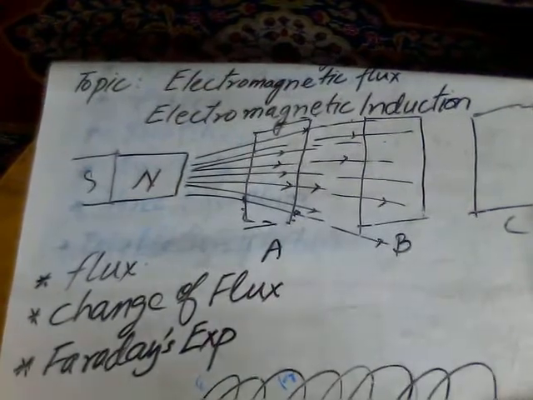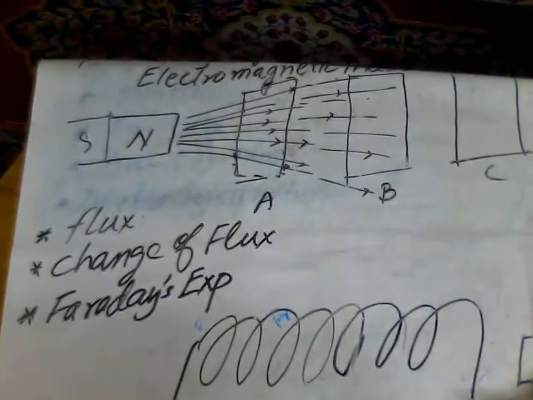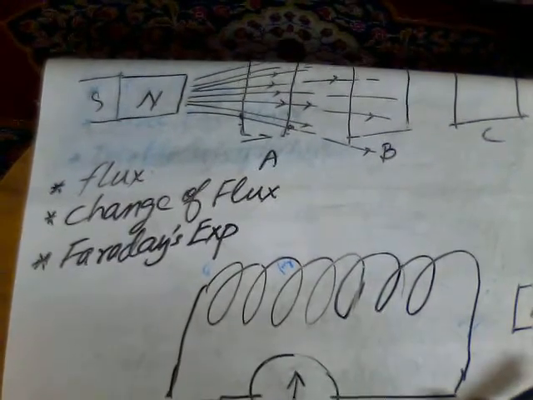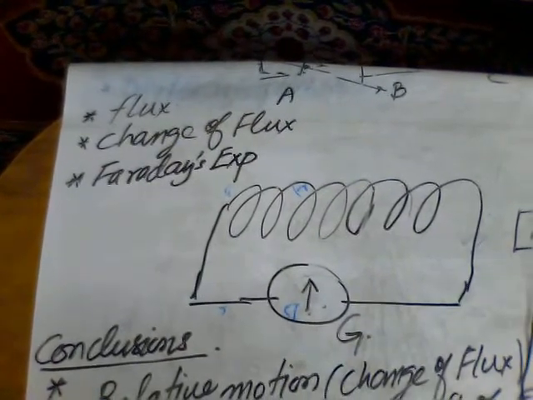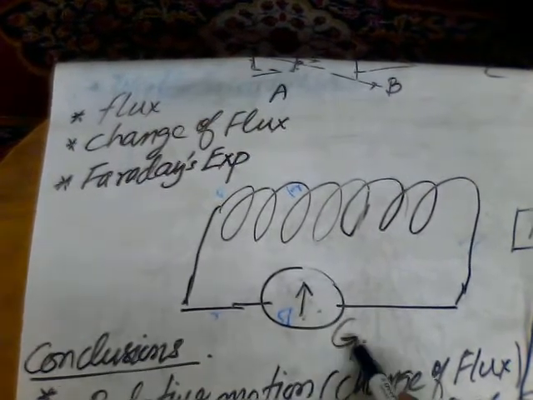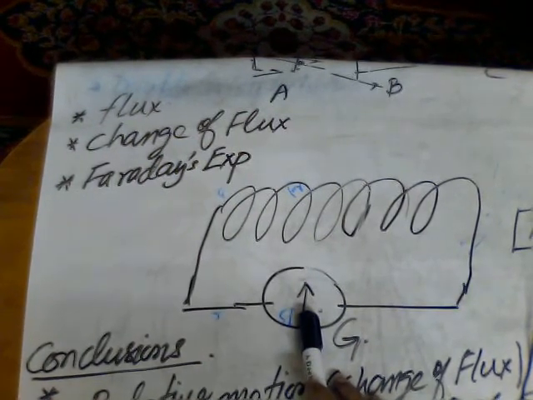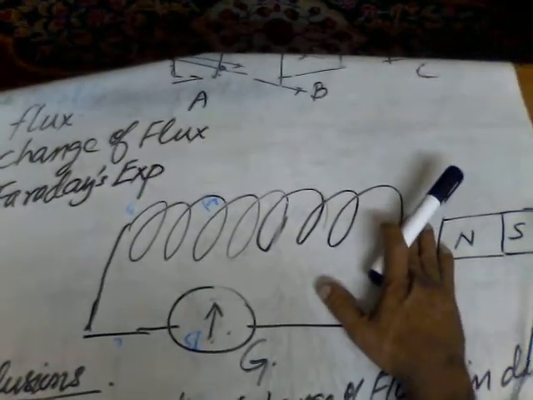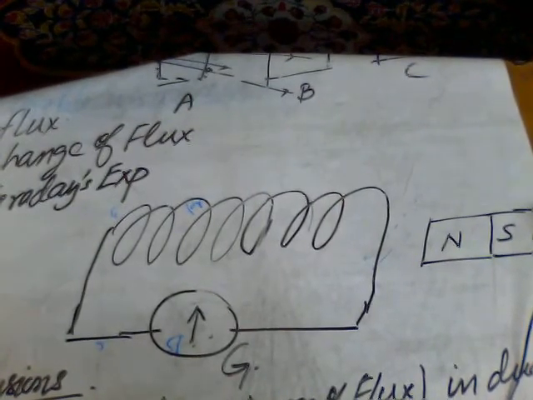Now we are going to study Faraday's law experiment, called Faraday's experiment of electromagnetic induction. Here is a solenoid, the coil, and a galvanometer is attached. Here is the needle of the galvanometer, and there is a north-south magnet in front of it.